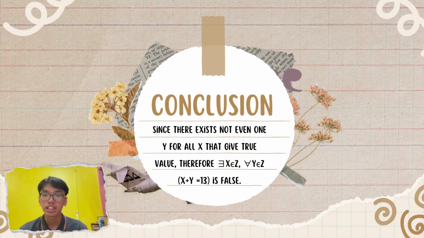So in conclusion, since there does not exist even one x for which all y give a true value, therefore for some x, element of integer, and for all y, element of integer, such that x plus y equals 13 is false.